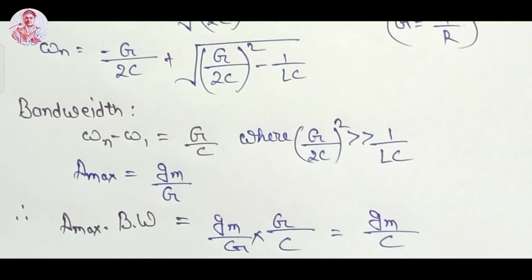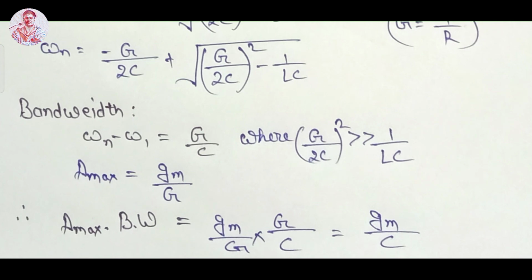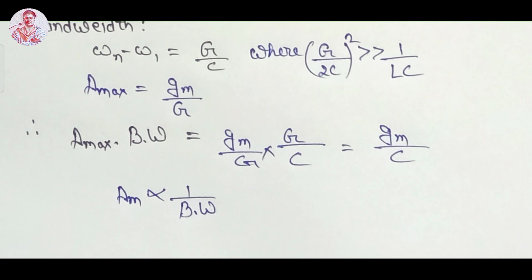Then substituting the value in the gain bandwidth product, it becomes gm over g cross product with g over C. The cancellation of g, we get gm over C, where C is the capacitor. And finally we get that Am, which is the maximum gain, is inversely proportional to the bandwidth.